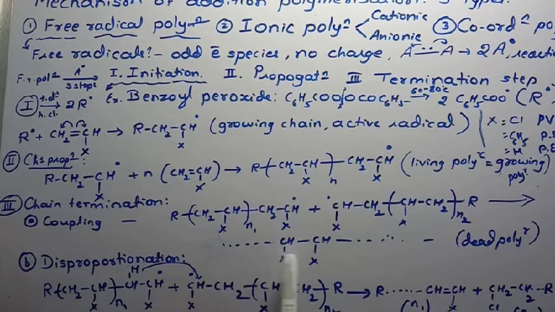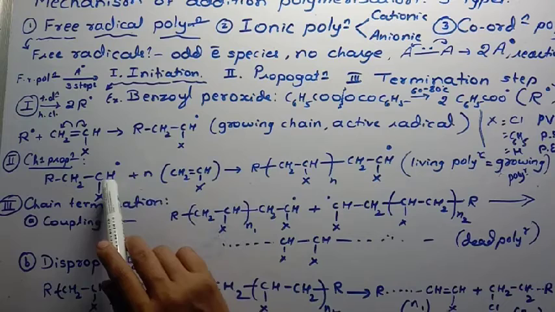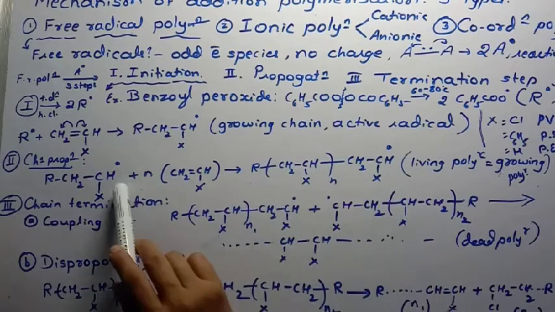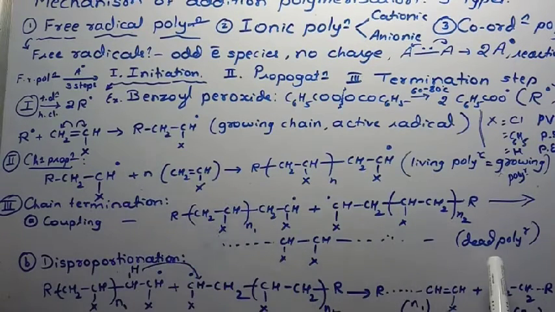Now it is a big macromolecule, or a polymer, and it can be said to be a dead polymer. This polymer is no more active like these species. Therefore, it is said to be a dead polymer, or a macromolecule, or simply a polymer.